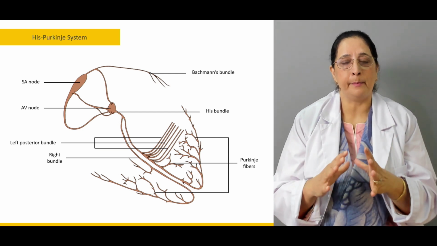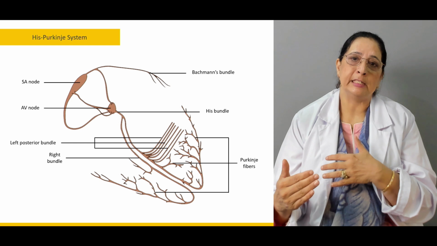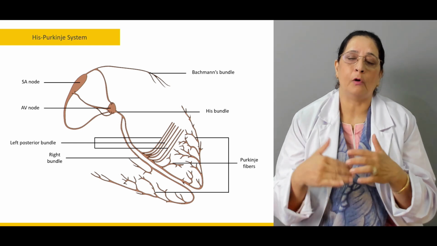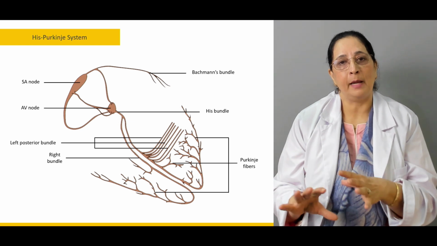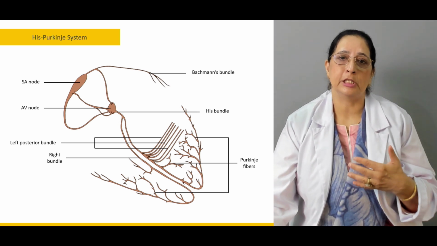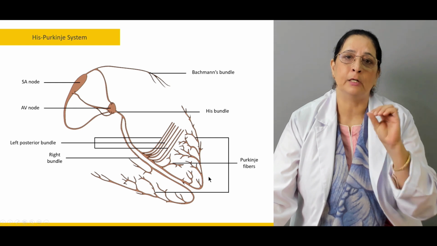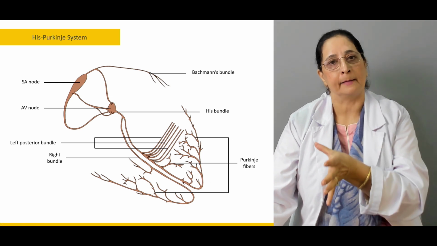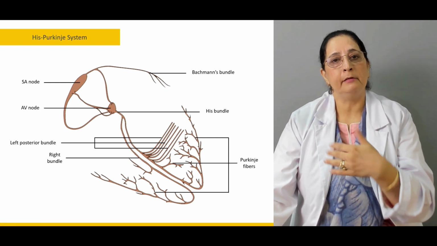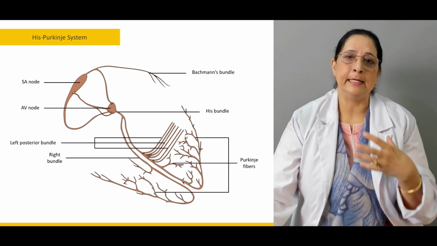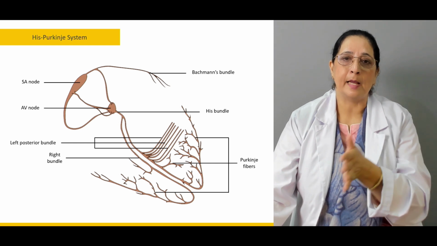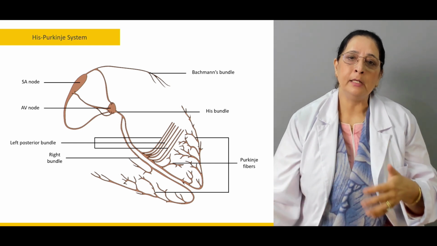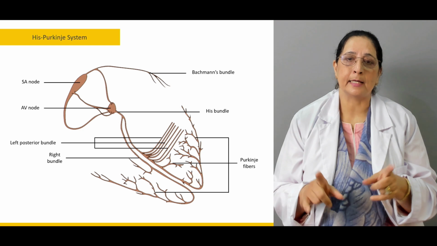So remember, when we talk about dysrhythmias, we know this is the normal conduction system of the heart. Any abnormality in this normal conduction system is reflected in the cardiac cycle, which we will talk about later on the EKG, which has the P wave, QRS complex, and T wave; all of these make up one cardiac cycle.